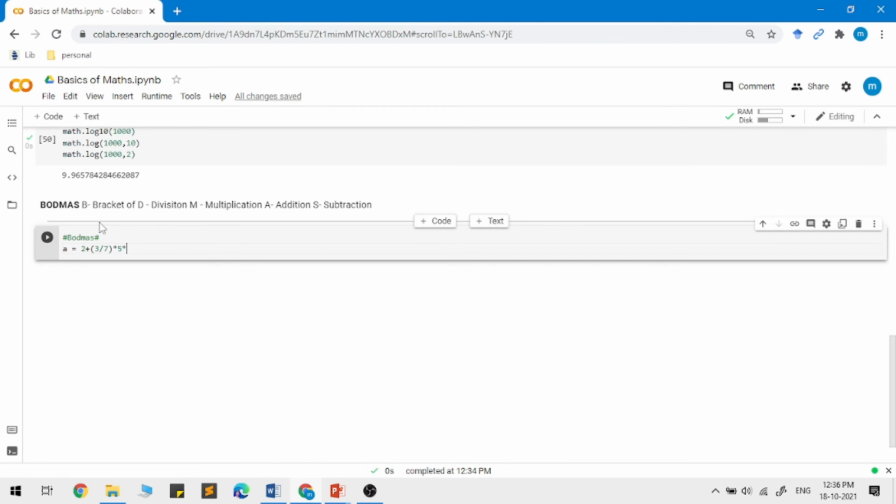You can multiply again by another 7. So the value will be found by the calculations of division, then multiplication, then addition. So finally you'll get the value.